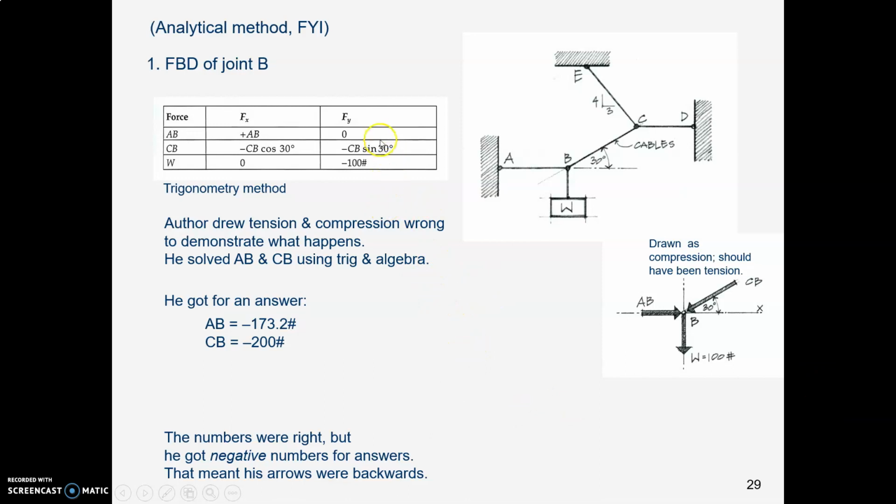What would happen is if you were using trig and using one of these tables to add up the x components and the y components, and you ran through the numbers, you would get the right number, but you would get a negative sign with each number. And what that will tell you is that the numbers are right. When you get negative signs for the answer, that means your arrows were backwards.